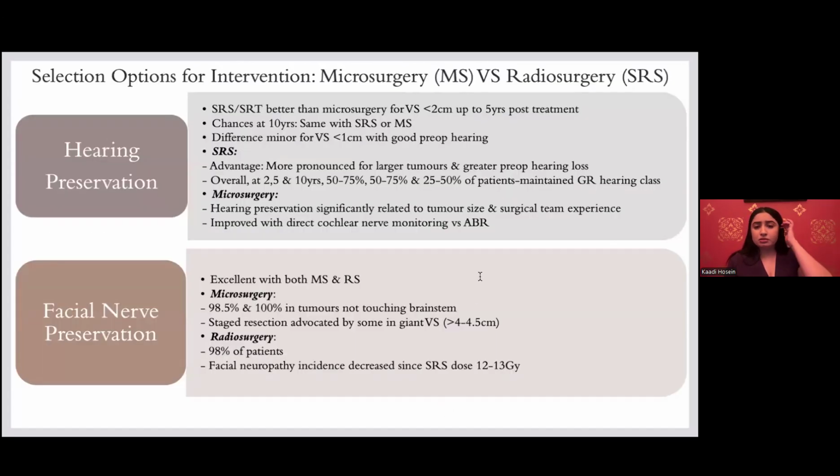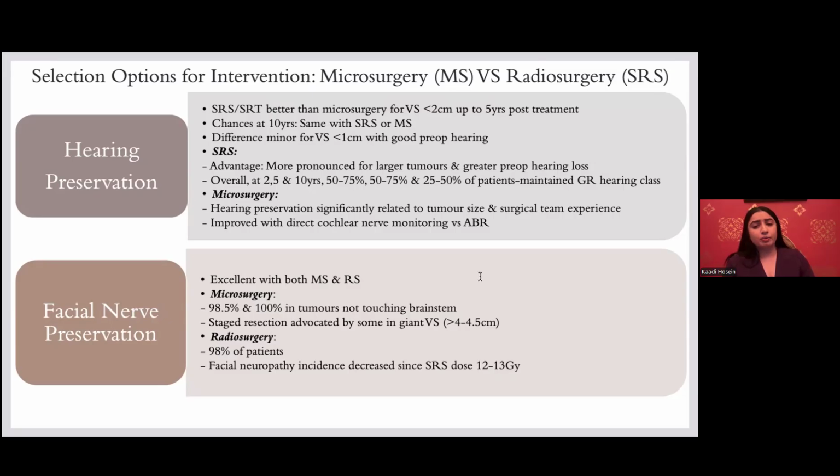Now, with regards to the comparison between microsurgery and radiosurgery in terms of hearing preservation for patients with testable preoperative hearing, radiosurgery or stereotactic radiation appears to be better at preserving hearing than microsurgery, and these are for vestibular schwannomas less than 2 cm up to 5 years post treatment.